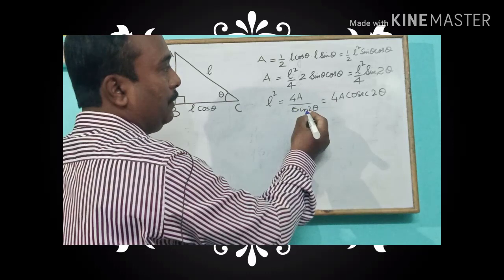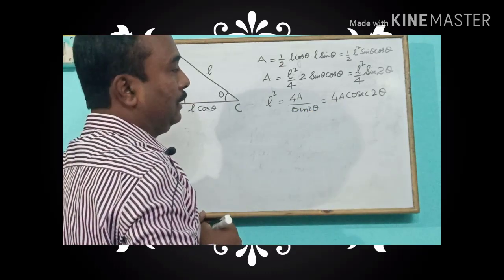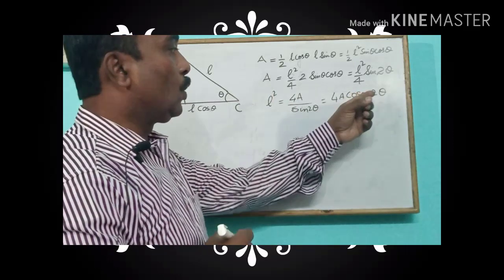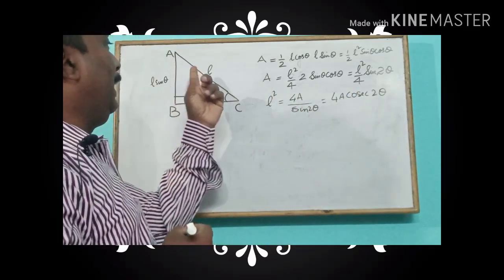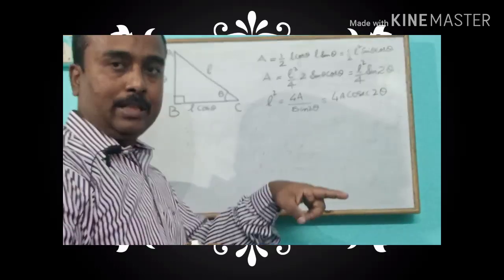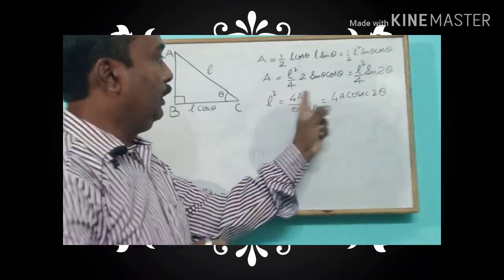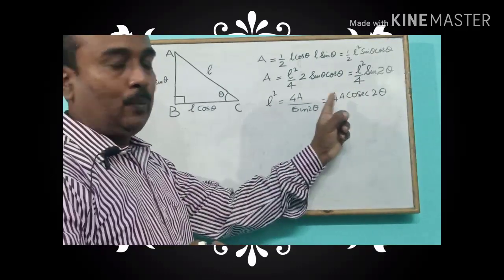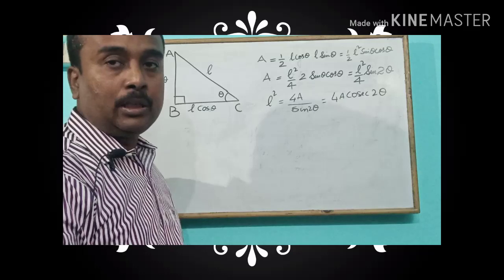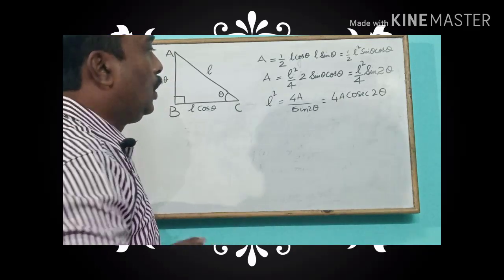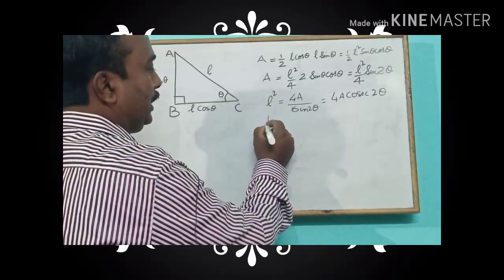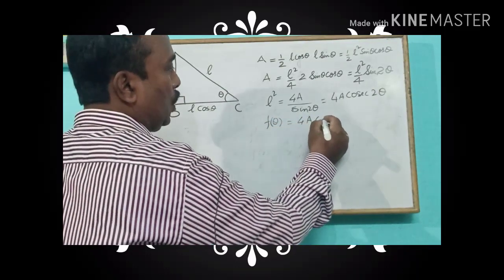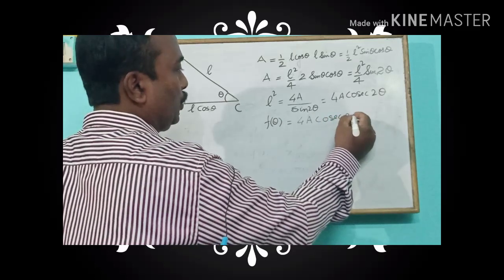So 4A by sin 2 theta is L square, or 4A cosec 2 theta. Now L will be minimum if L square is minimum. So if we can prove that this part is minimum when the triangle is isosceles, then our proof is solved. So let this be a function of theta, that is 4A cosec 2 theta.